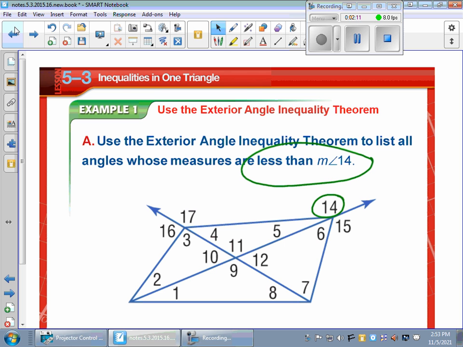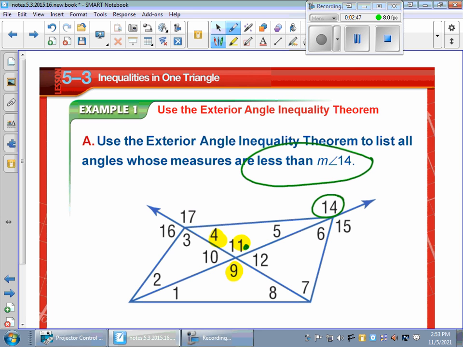So going back to take a look here, angle 14, you can see that if we highlight some of these, I don't know if I have the highlighter. There we go. So angle 4 plus angle 11 equals angle 14. So that means 14 is bigger than 4 and bigger than 11. Now if you look at 11, 11 equals 9 because those are vertical. Here's angle 11.